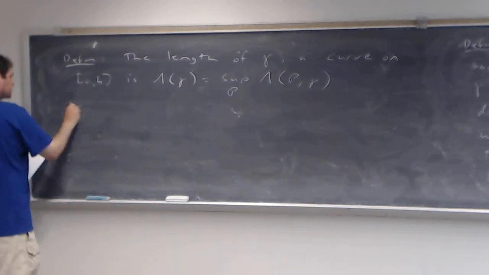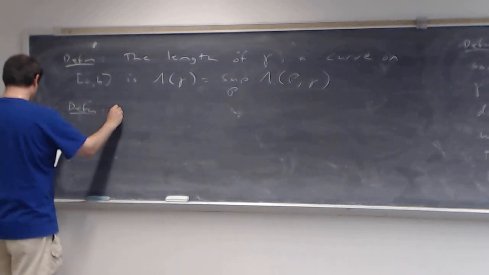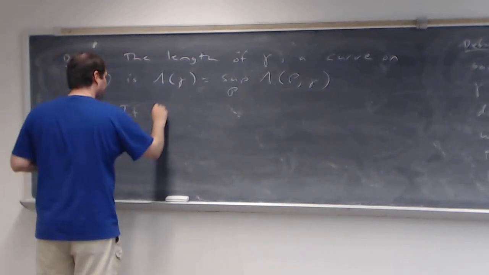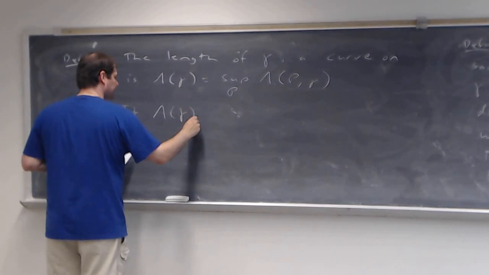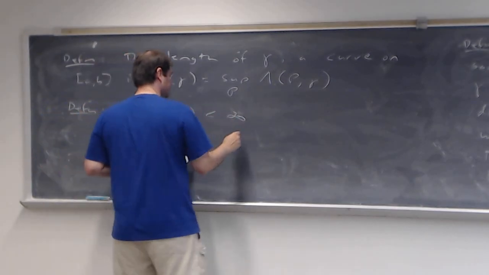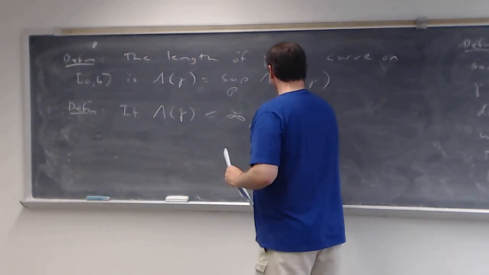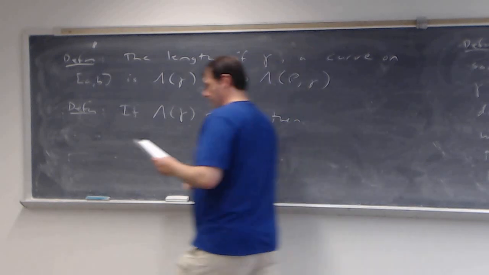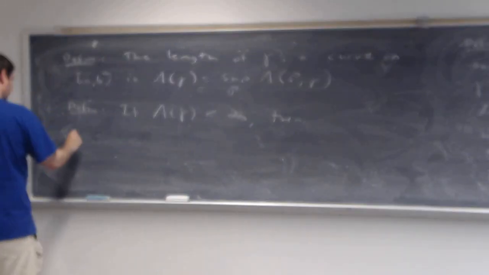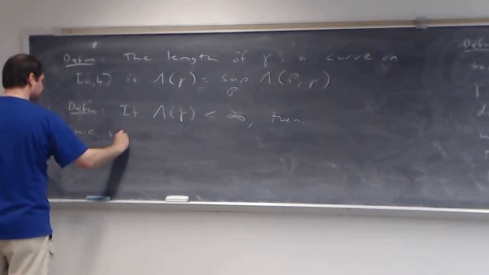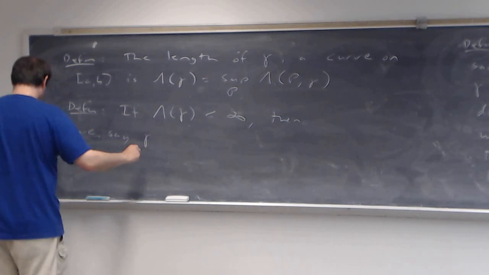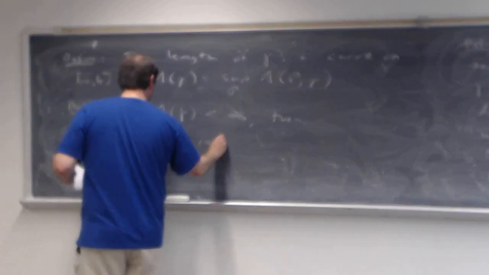And here's the last definition. It says if this lambda of gamma is less than infinity, so some number, then we say gamma is rectifiable.